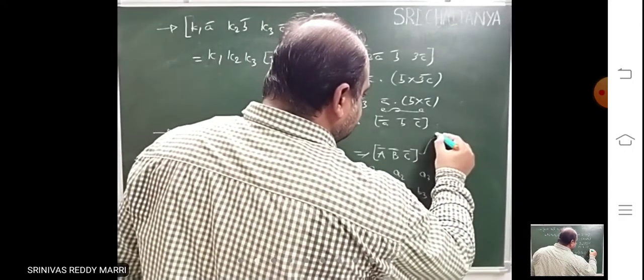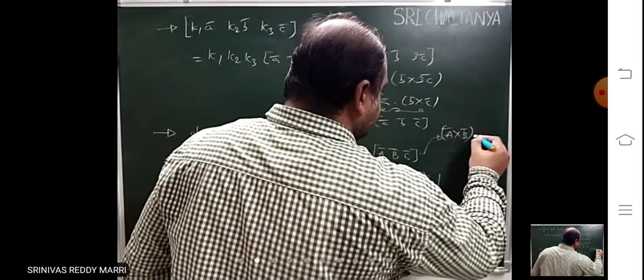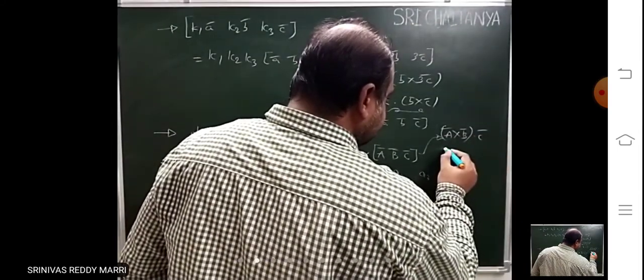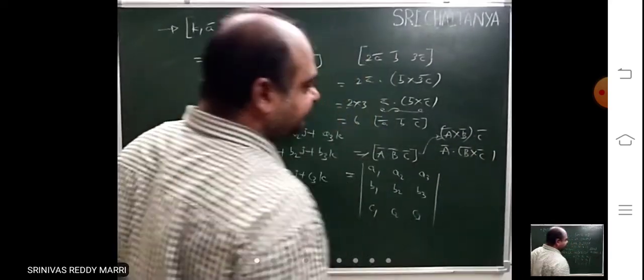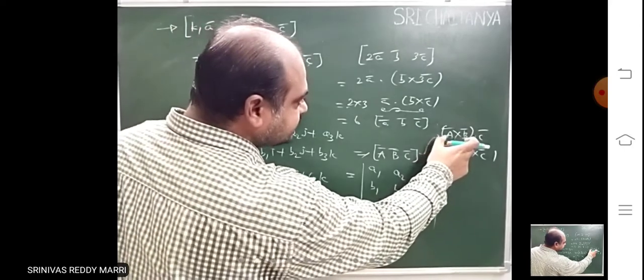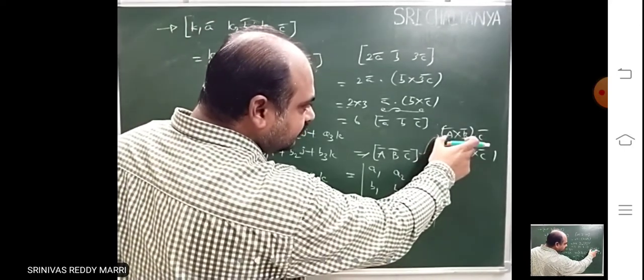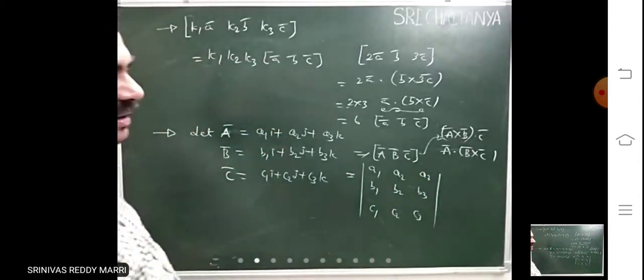If three vectors are known, you can calculate this value, and you will get one value. Whatever value you get, that is the determinant.